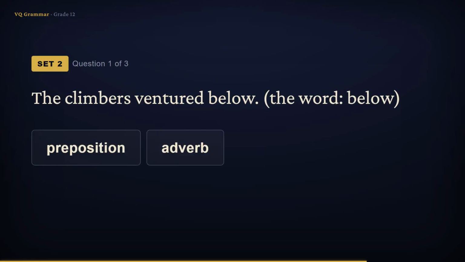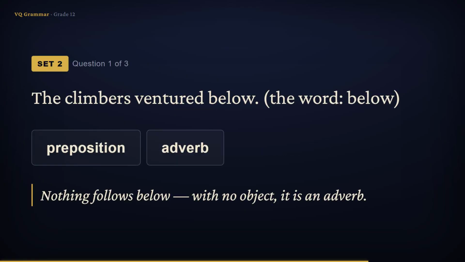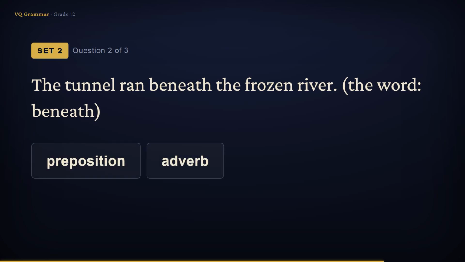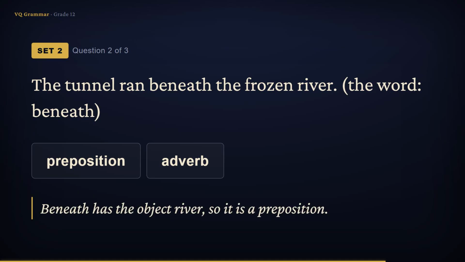The climbers ventured below. Look at the word below. Ask the question, does it have an object? Nothing follows it at all. The sentence simply ends. With no noun behind it, below cannot be a preposition. It's an adverb. The tunnel ran beneath the frozen river. Look at the word beneath. Does it have an object?